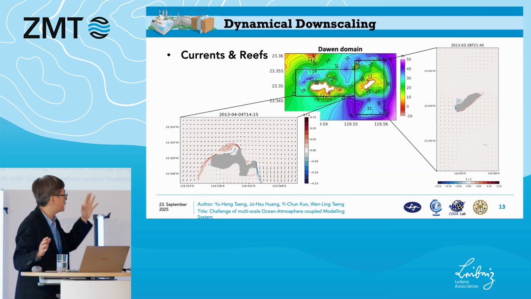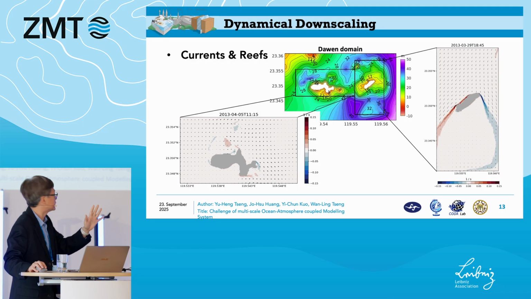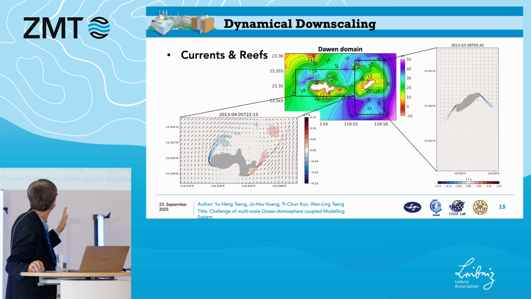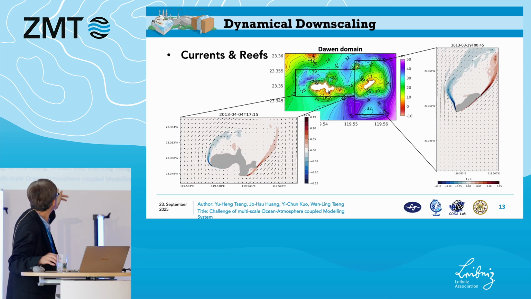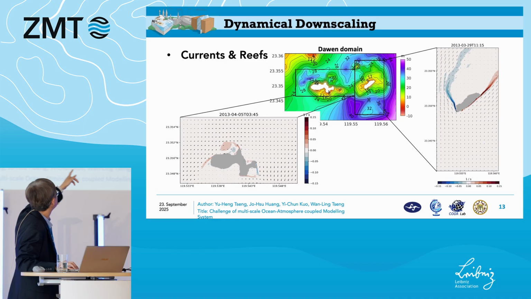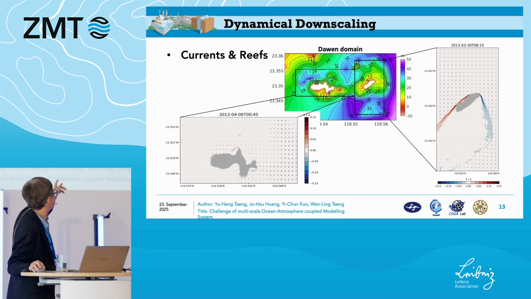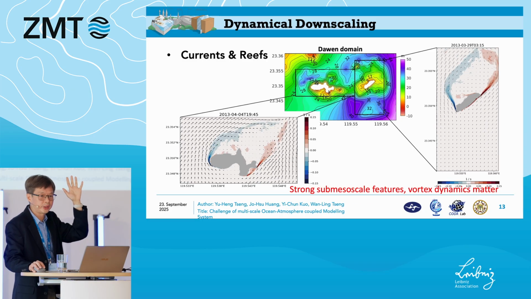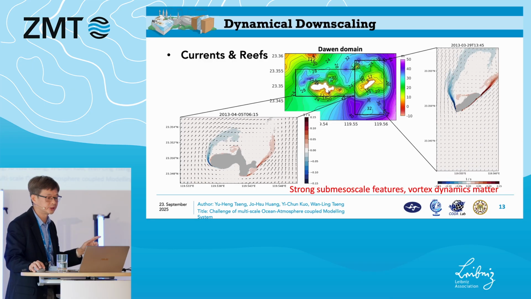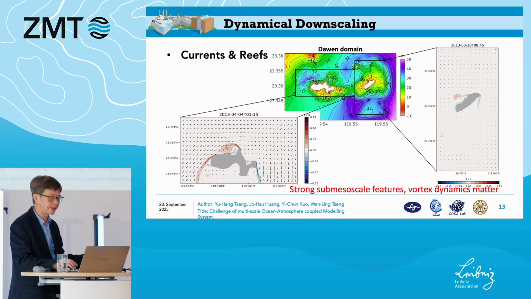So if we look at the extremely high resolution, like 5 meters, to resolve this reef, you can tell a lot of vortex dynamics in this area, particularly very strong submesoscale features. Vortex dynamics actually matter when we go to 5 meter resolution.